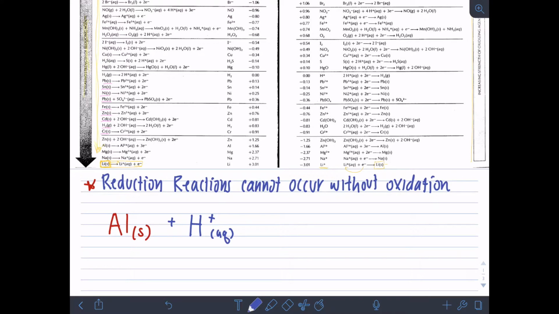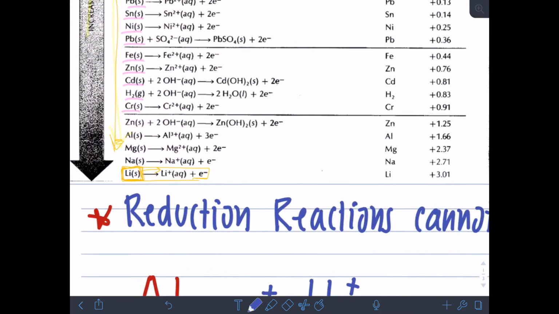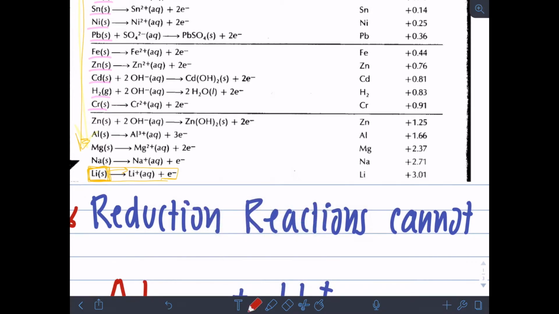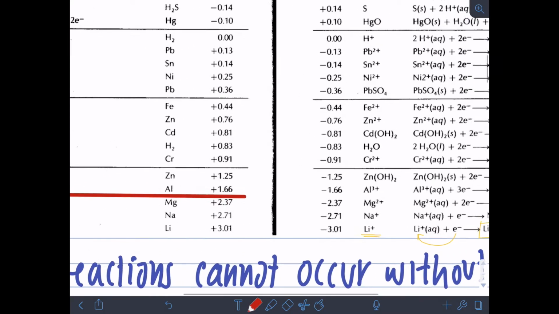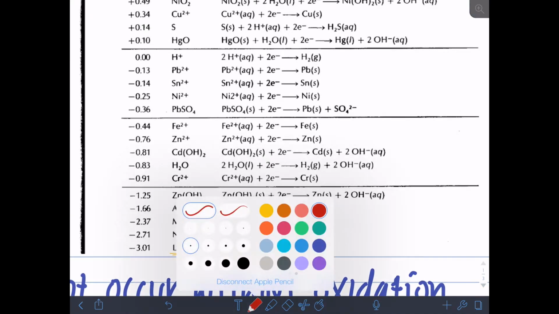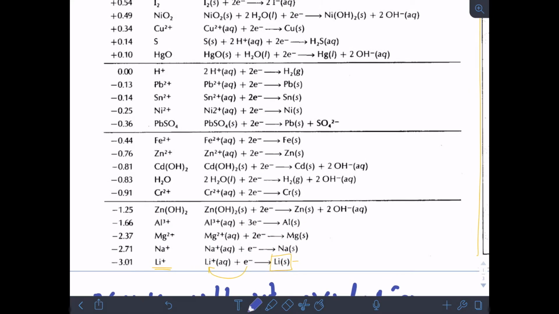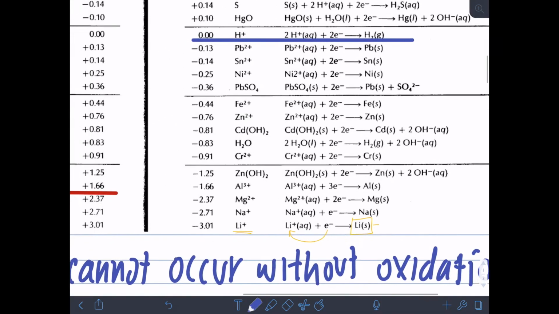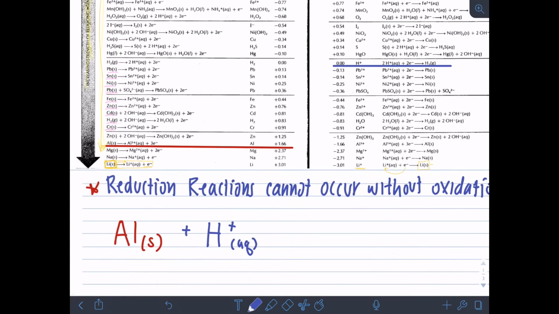So we're looking for aluminum solid, which we'll see here, aluminum solid. This is the oxidizing reaction. And over here, we have H+, which is the reducing reaction. So we're going to write down both of those reactions.